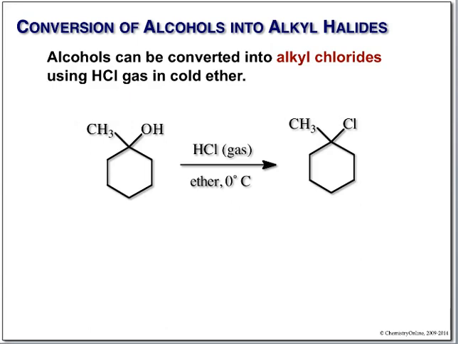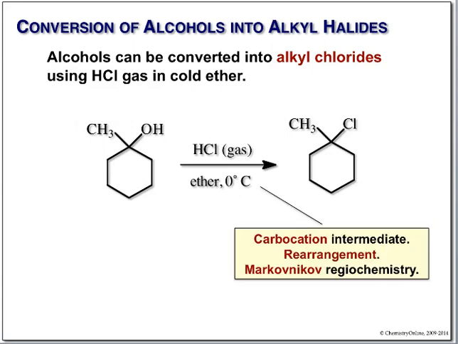We did it under SN2 conditions. Here with a tertiary alcohol, we are very likely to form a carbocation. Again, we have to worry about rearrangement. And we know that we're going to get Markovnikov regiochemistry with respect to our halogen. Done this reaction, it's a simple thing.